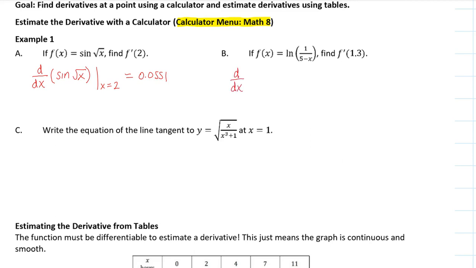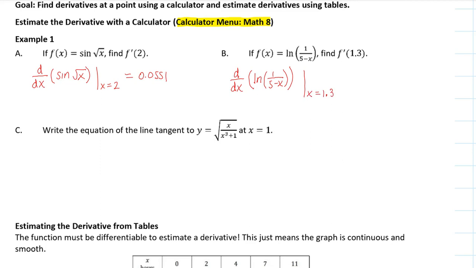And again, what that notation is saying is, find me the derivative with respect to x of the function ln of, we're going to have a couple of sets of parentheses here, 1 over 5 minus x. So we're going to close that. We're going to close that. And then the calculator is going to give you this little x equals, and we're going to type in 1.3.